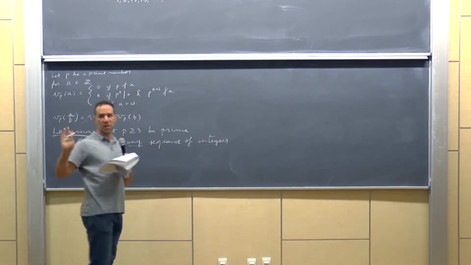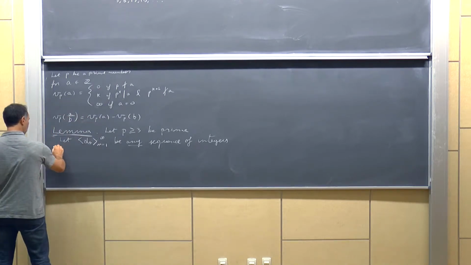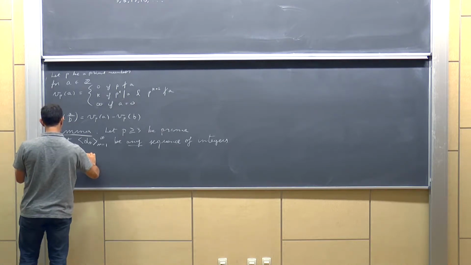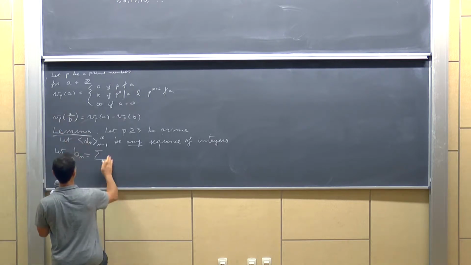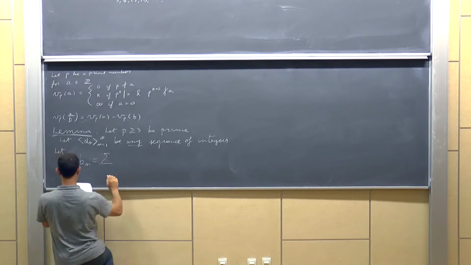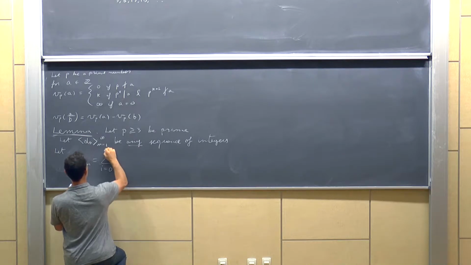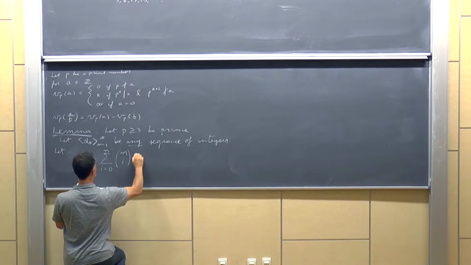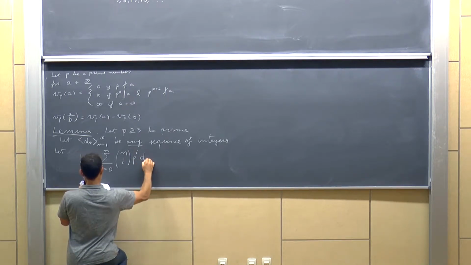So this is not necessarily a linear recurrent sequence, absolutely any sequence of integers. And let, write, b_n be the summation for i equals 0 to n of n choose i, p to the i, d_i.